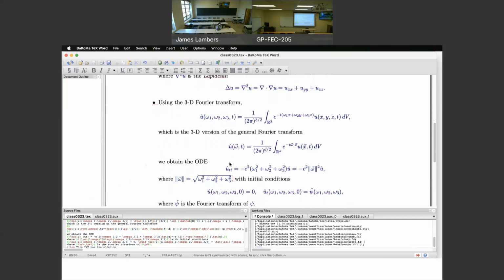So again, now the ODE looks much more like the ODE that we had in the one-dimensional case. So you can see how it generalizes from one dimension to several dimensions.